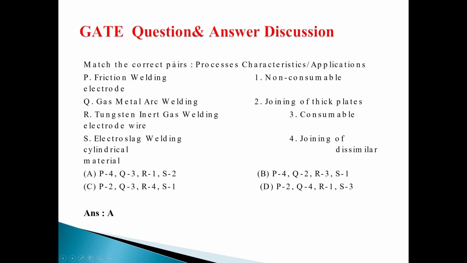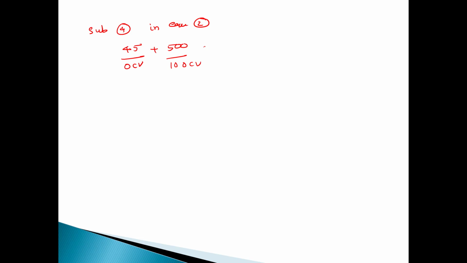Substitute 4 in equation 2. So 45 divided by OCV plus 500 divided by SCC. In place of SCC, we have to substitute 10 OCV, which is equal to 1.